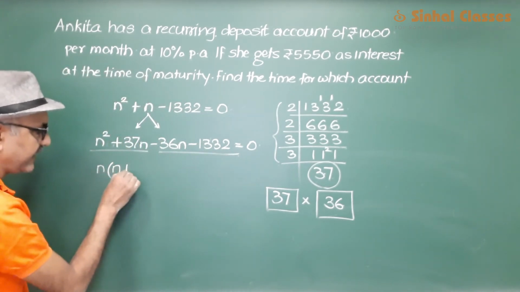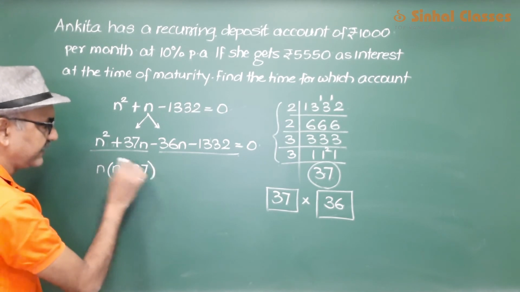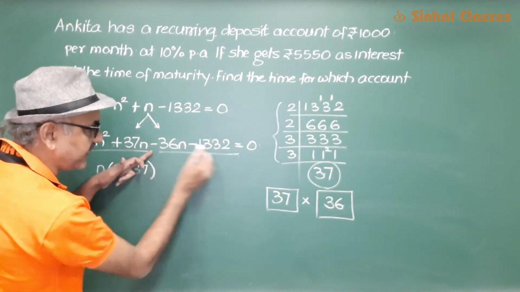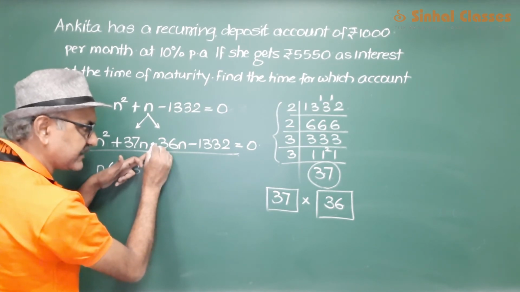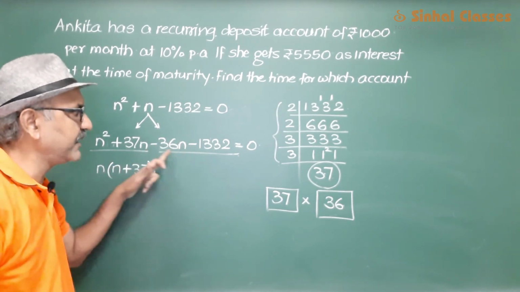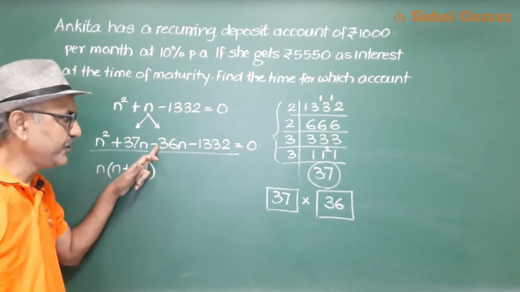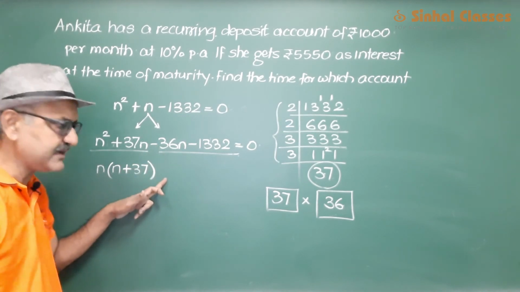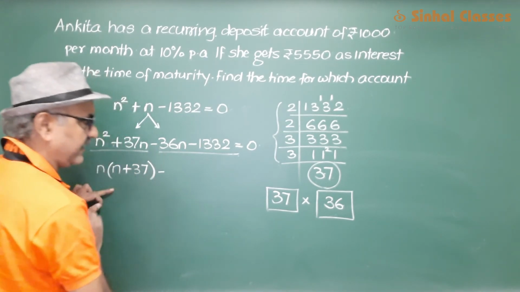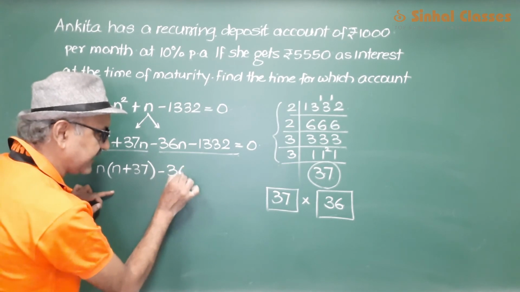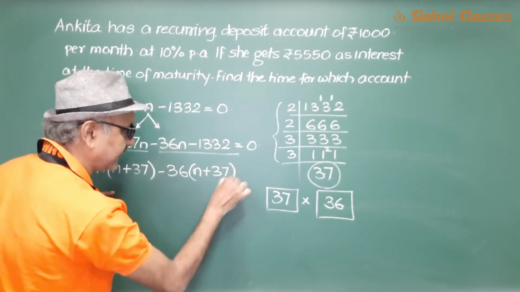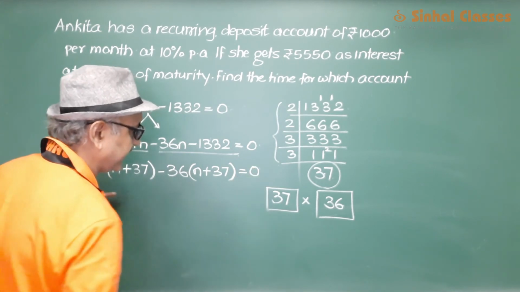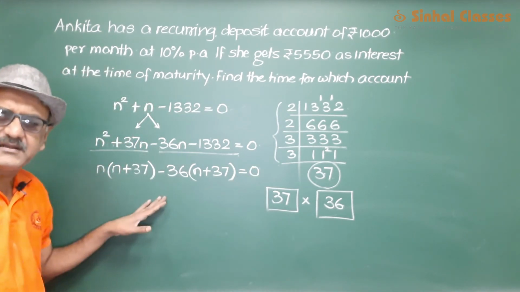n plus 37 common. Now what is common between the two? 36 and minus. When you are taking common and the first term is a negative number, you always have to take out minus as common. 36, and you are left with n plus 37. There is another easier method of doing this.